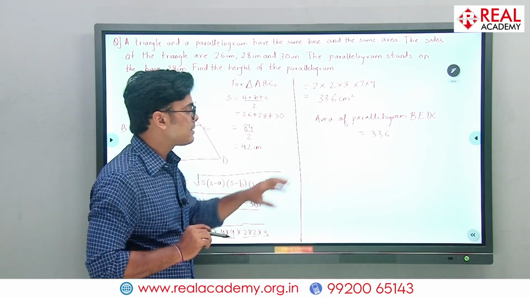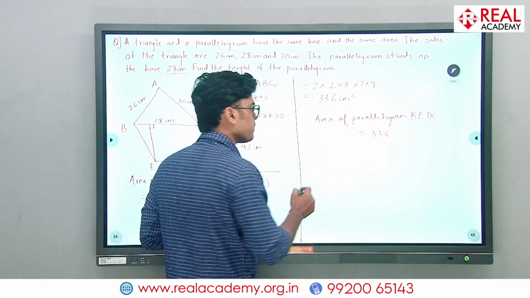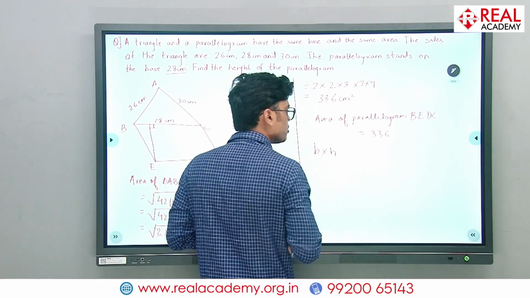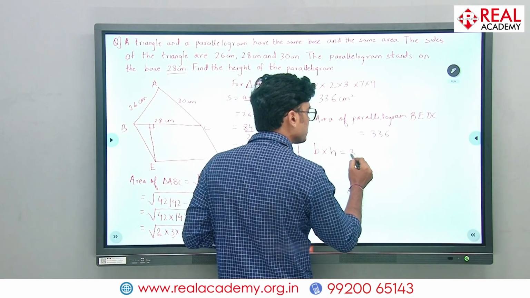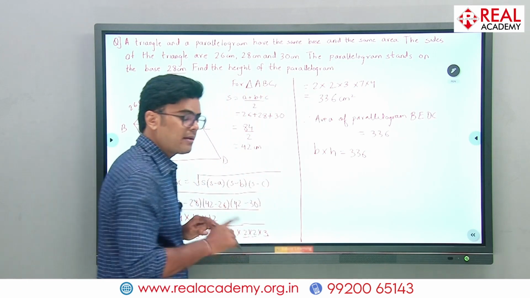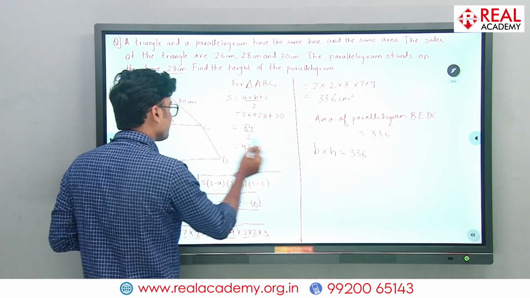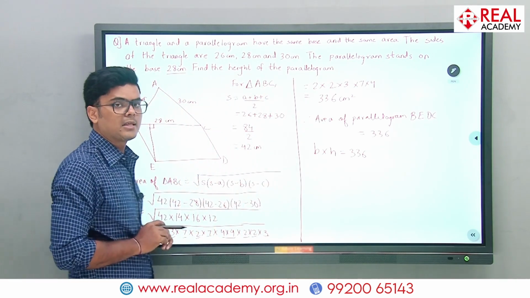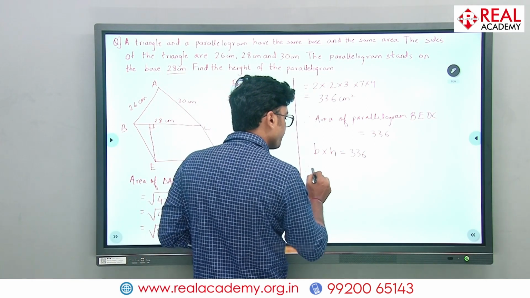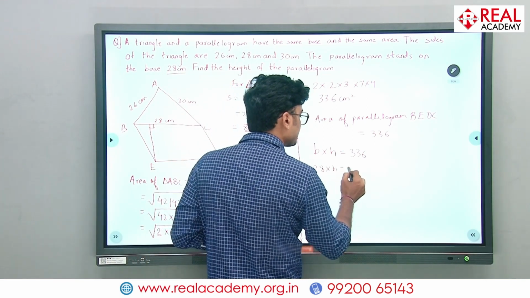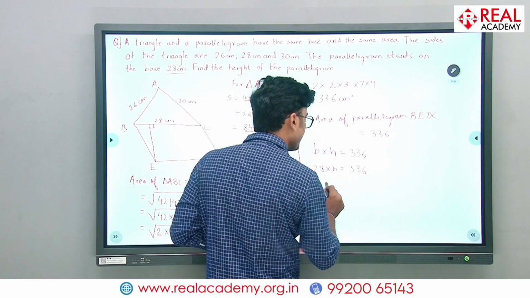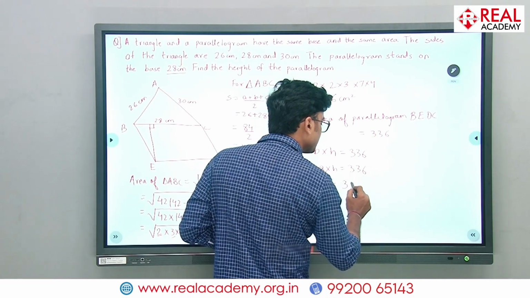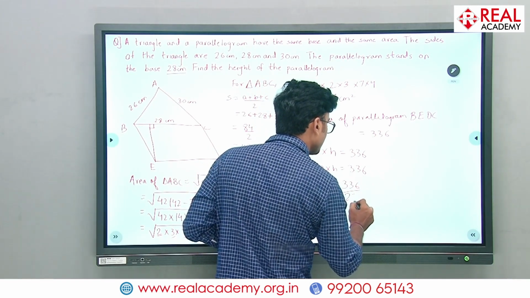But I told you earlier that the formula for the area of a parallelogram is base into height. So here base into height is equal to 336. But we know again from the question that the base of this parallelogram is 28 centimeter. So 28 into h is 336. What will be the height of the parallelogram? It will be 336 divided by 28.